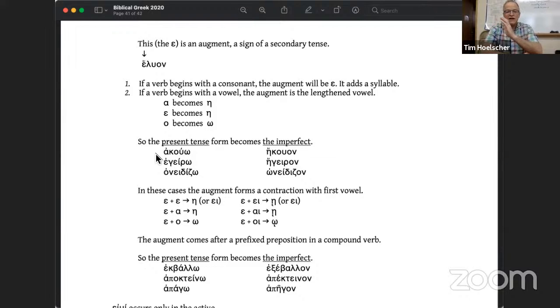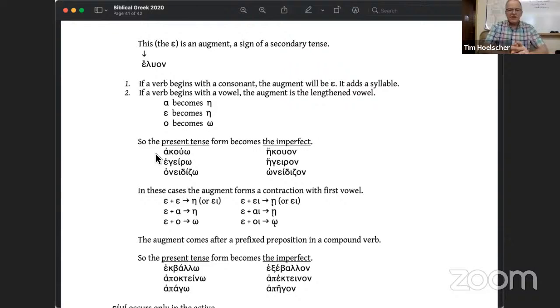But when you change the alpha to an eta, because the eta is long, that accent moves to the left, to the front of the word. So you can see that it is moved. Same thing in egeiro and egeiron. Now, what about in front of a rough breathing? Is there something on that or no? Not to my knowledge, the rough breathing is not going to change that.